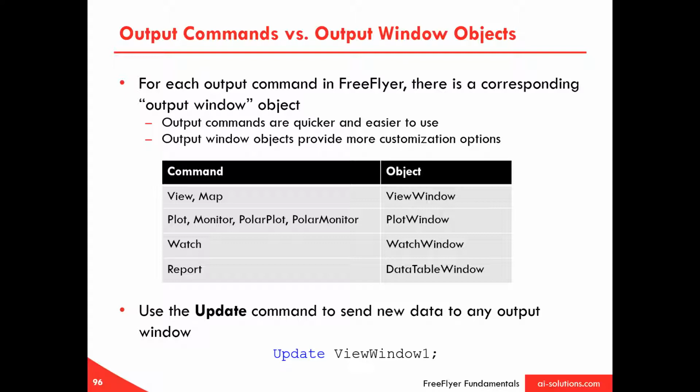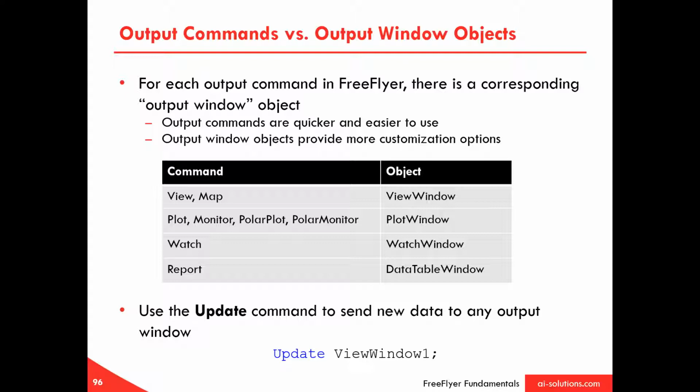For every output command that we've talked about in FreeFlyer, there's a corresponding output window object. The table here shows a summary. When you're using the view and map command, if you want more control over the view that's generated, you can use the corresponding view window object. For each of the different plotting commands that we talked about earlier, if you want more control over the plot style, you can use the plot window object.